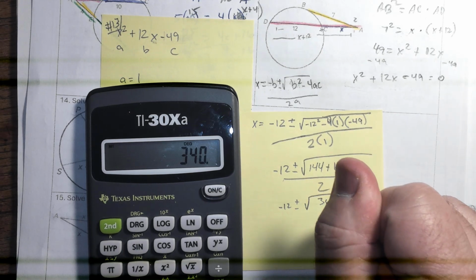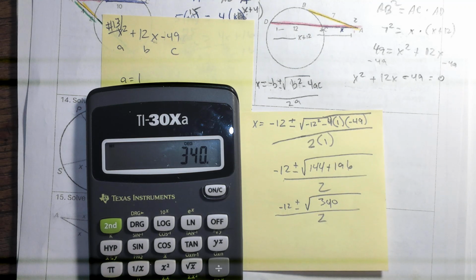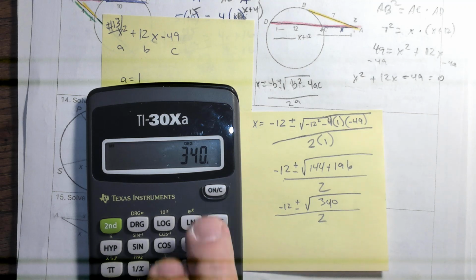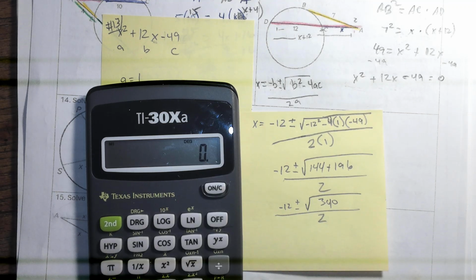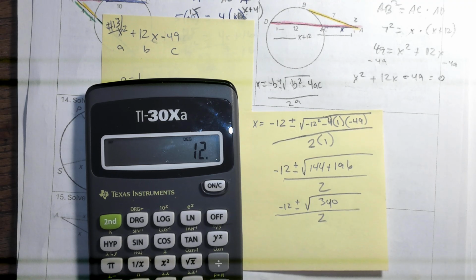So we got 340 over 2. And so I'm going to try this. And I keep getting it backwards, but we'll try it anyway. So negative 12. What did I just do? Nope, stop. 12.